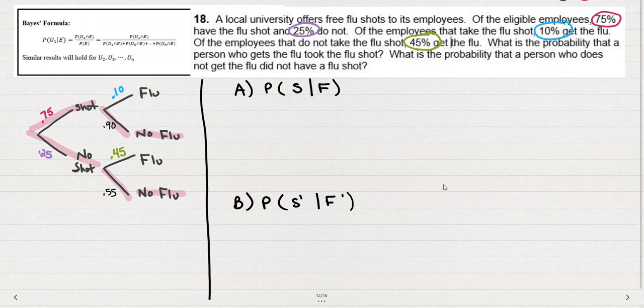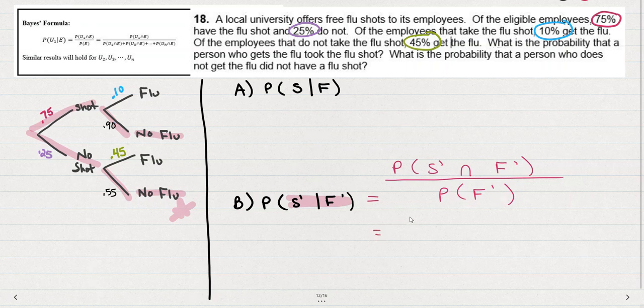And we are saying that it's no shot and no flu. So we have the probability of not getting the shot and still not getting the flu divided by the probability of not getting the flu.